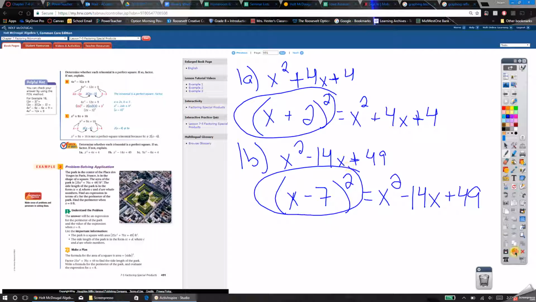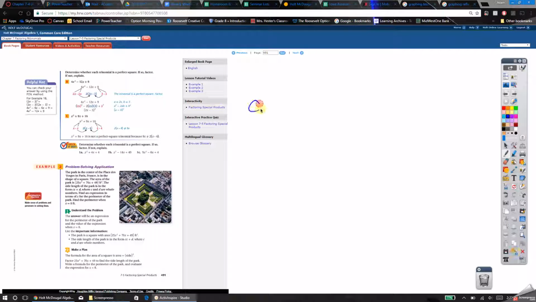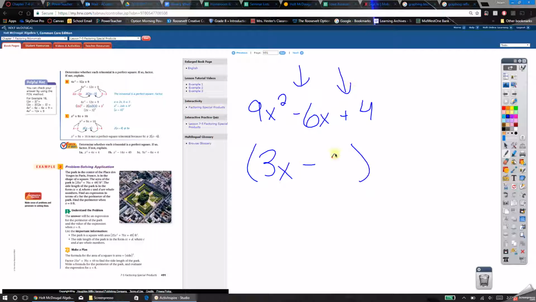1c, I'll have to clear some writing here. We've got 9x squared minus 6x plus 4. So the square root of 9x squared would be 3x. I know that it's a minus in the middle of my binomial because the trinomial has a minus and a plus. And then the square root of 4 is 2. So now I'm just going to check my answer. Square the first term is 9x squared. I'm going to find the product. 3x times negative 2 is negative 6x. And then I'm going to double it.